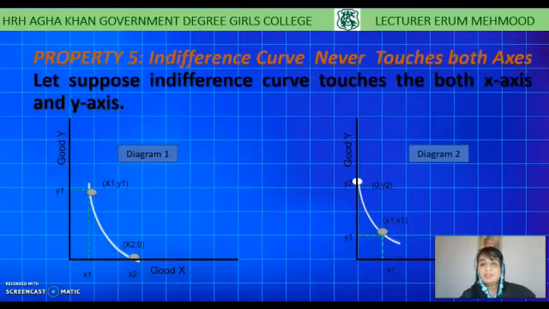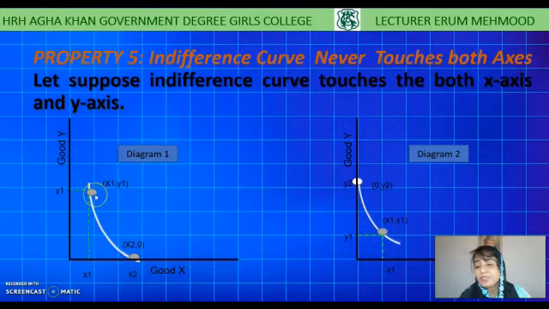The fifth property is that an indifference curve never touches the axis. But suppose that the indifference curve touches both the x-axis and the y-axis. In diagram 1, the indifference curve touches the x-axis; in diagram 2, the indifference curve touches the y-axis. In diagram 1, you can see that these 2 points represent the level of satisfaction of a consumer.